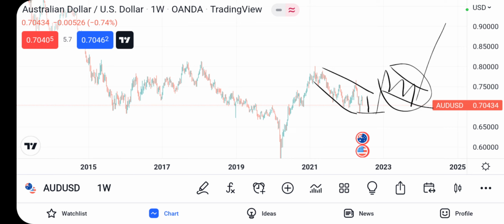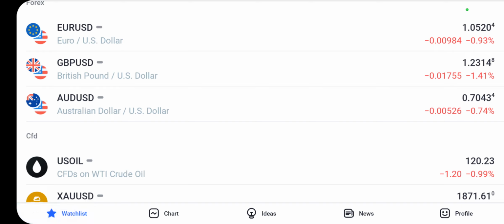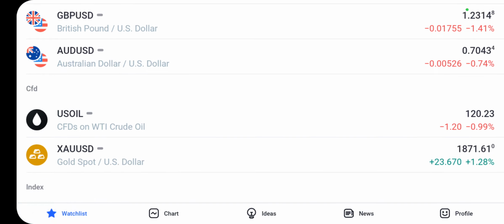But for now, on the Australian dollar, we will still wait longer here. So I think for now we can only focus on gold and oil.